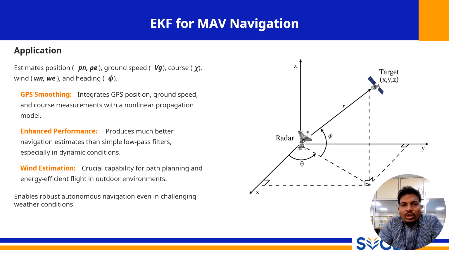This is a crucial capability for path planning and energy efficient flight outdoors. Knowing the wind allows the drone to fly a more precise path and conserve energy. Ultimately, this sophisticated estimation enables robust autonomous navigation even in challenging weather conditions.